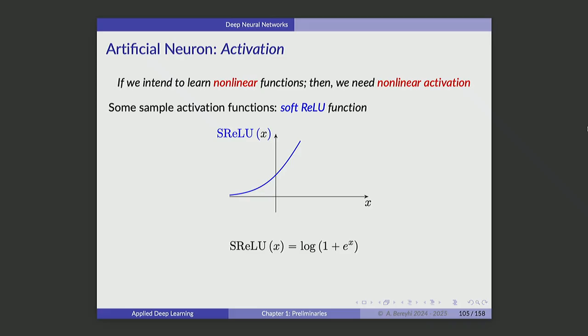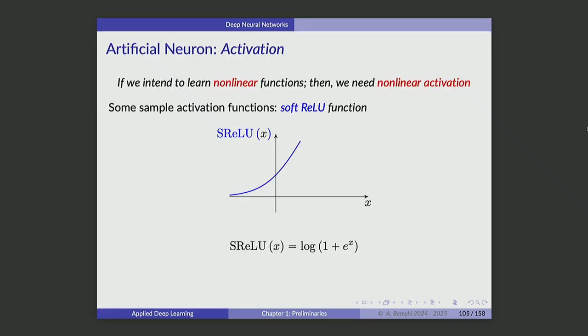Again, if you look at it here, if x is significantly large, what's going to happen? I can simply ignore this 1, right? When x is very large, e to the power x is significantly larger than 1. So now this log of 1 plus e to the power x, you can roughly say is log of e to the power x, which is x itself, right?